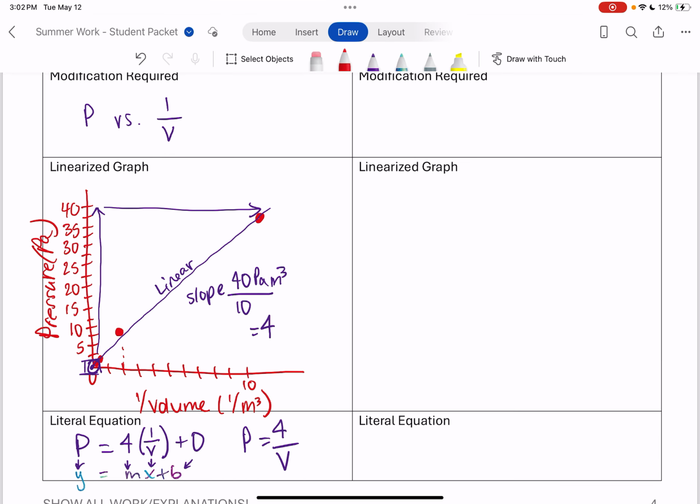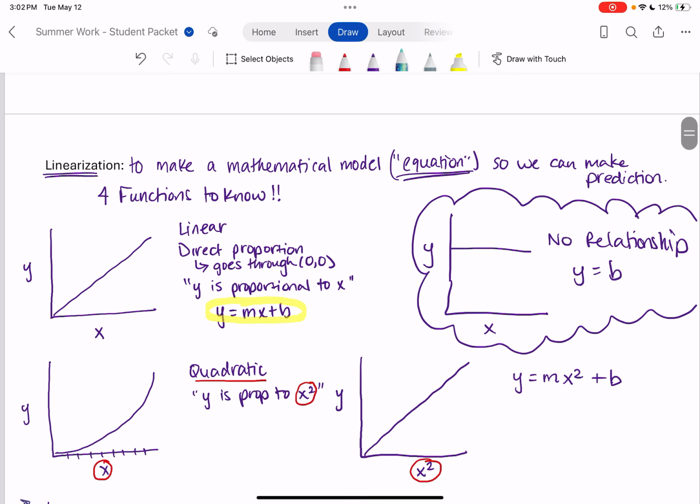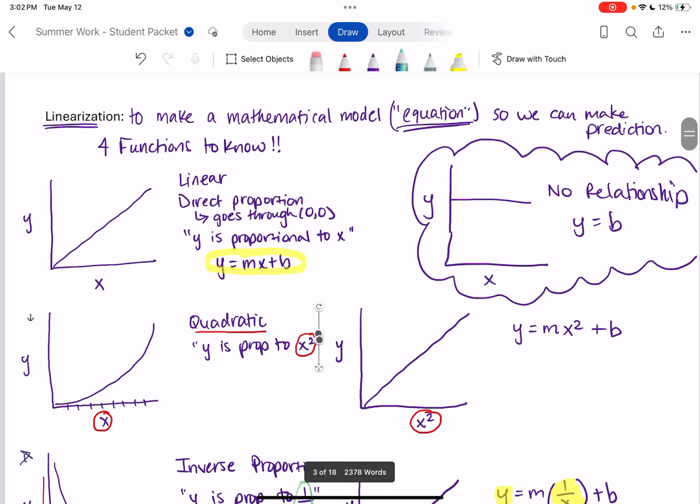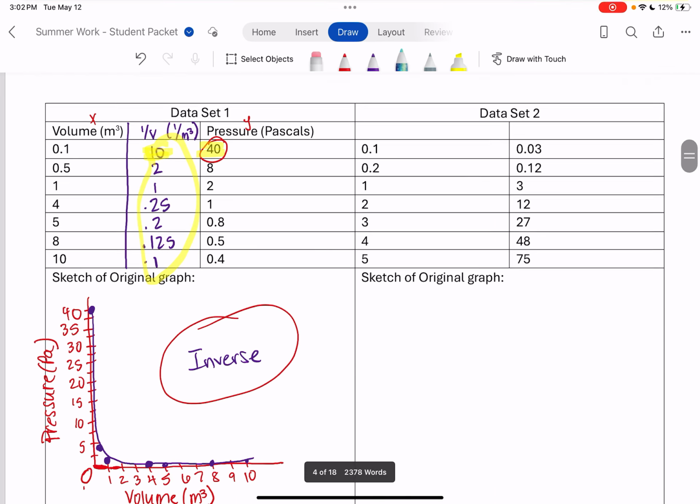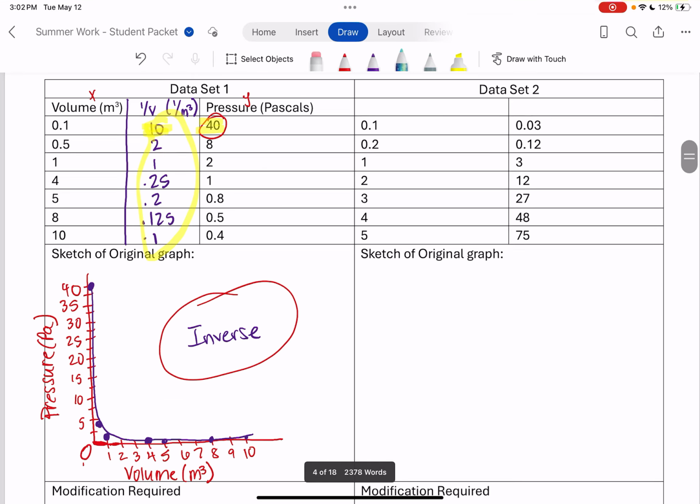And when you hear the word proportional, like we said up here, proportional is linear, or especially like a direct proportion. All right, let's look at data set 2.